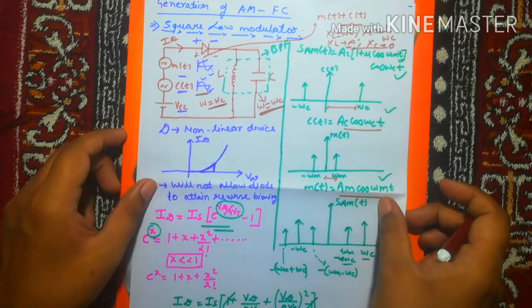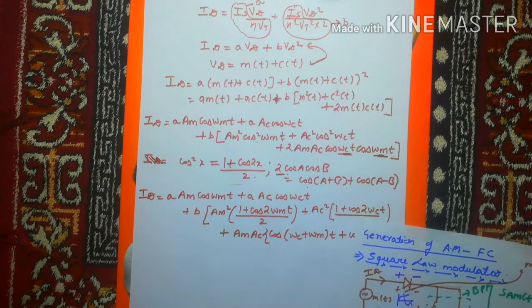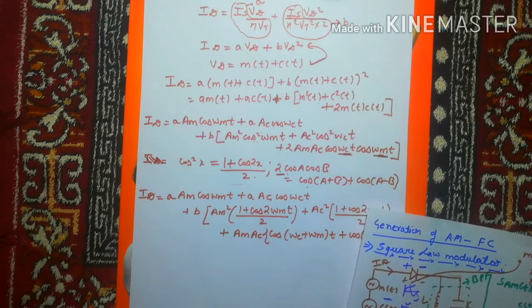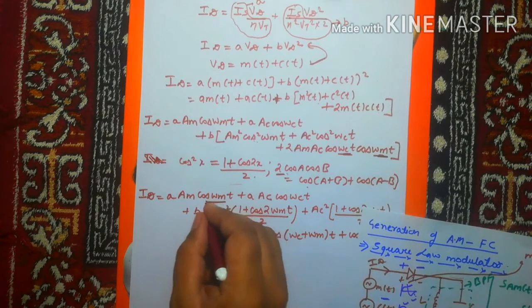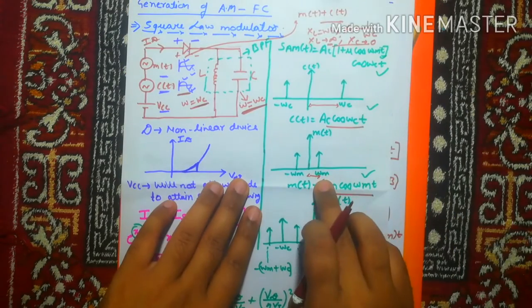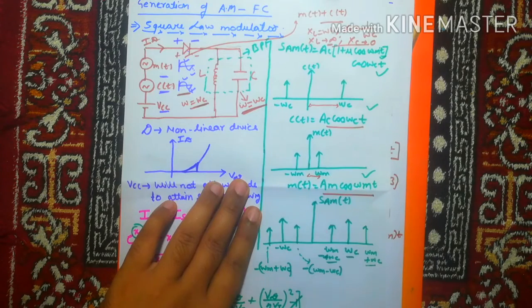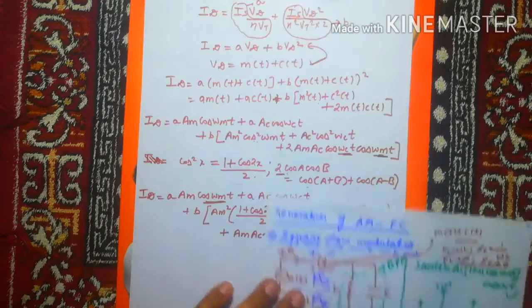Okay, so we are analyzing here what type of frequency we can get passed through the band pass filter. Will cos omega m get through the band pass filter? No, because omega m is so much less than omega c. It will not pass through, the band pass filter will not allow it to pass through.